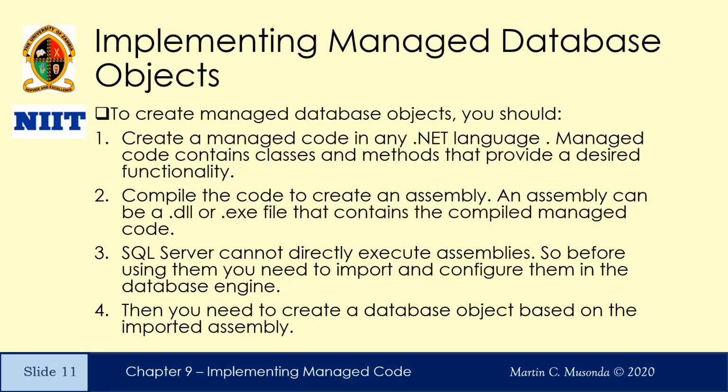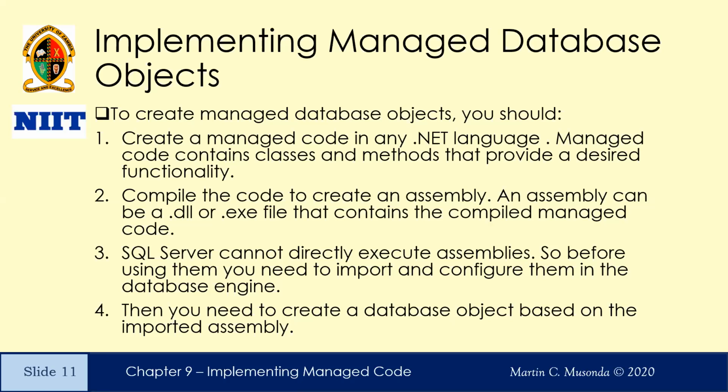Implementing managed database objects. Every time you come across that term, just think of it as meaning creating, modifying, and deleting. To create a managed database object, you should create managed code in any .NET language.